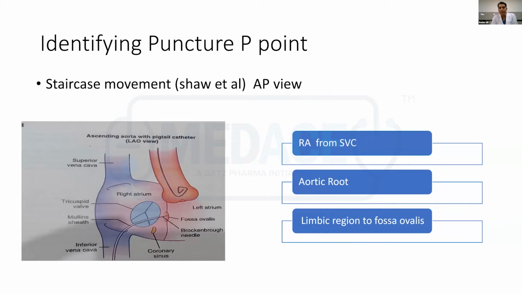The first dip is from SVC to RA, and the second dip is from the aorta. The third dip is the limbus, the limbic region of the fossa ovalis. So this is what Shaw et al. described as the staircase or step-down movement.